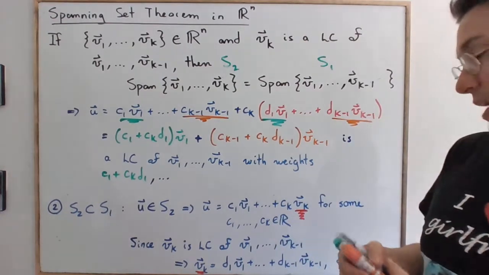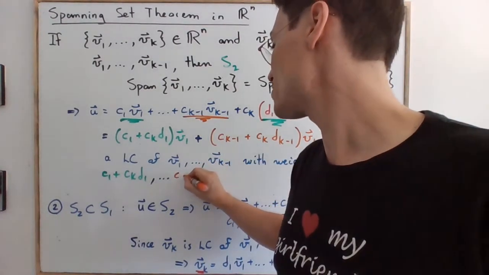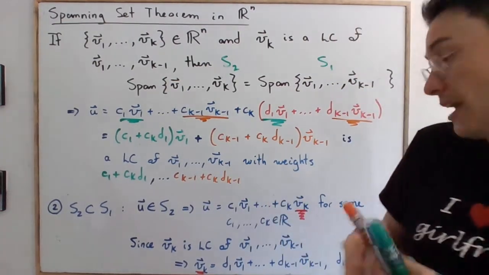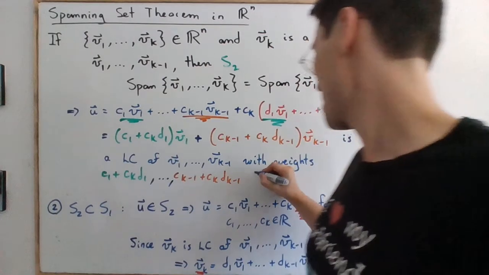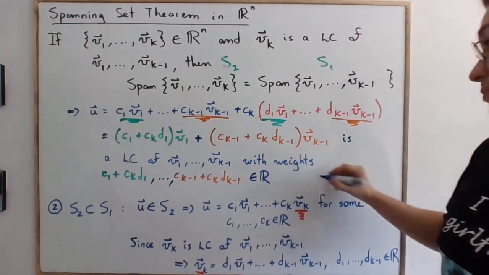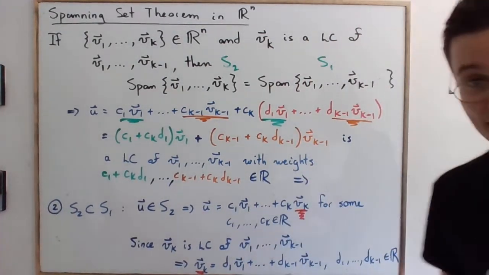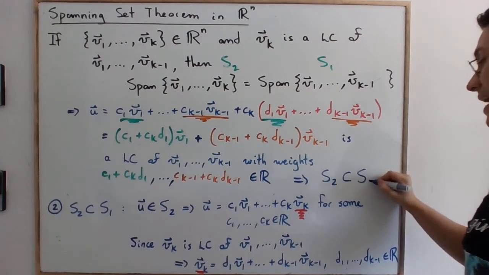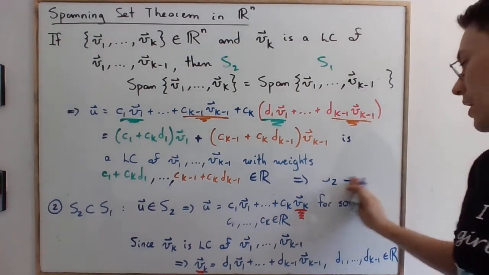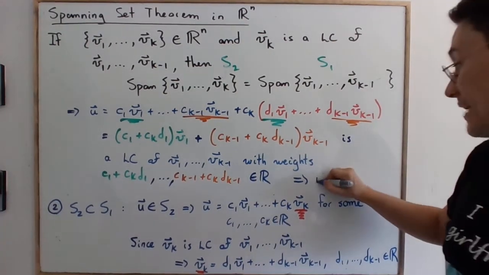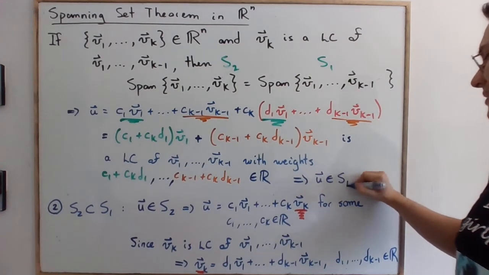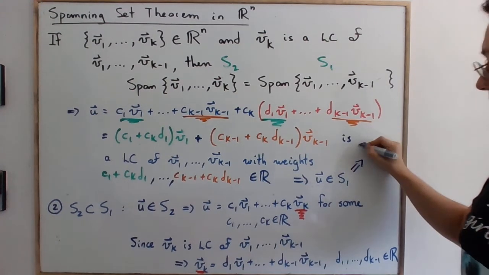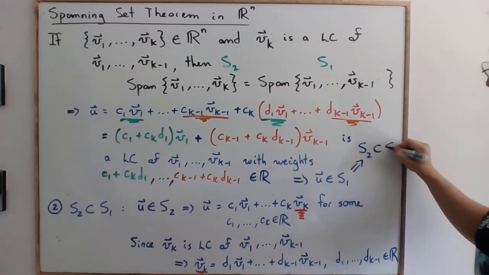And finally, we have that CK minus 1 plus CK DK minus 1. And all of these are real numbers. And this proves that S2 is contained in S1. Well, actually, it proves first that U is also an element in S1. And as a result, it proves that S2 is contained in S1.